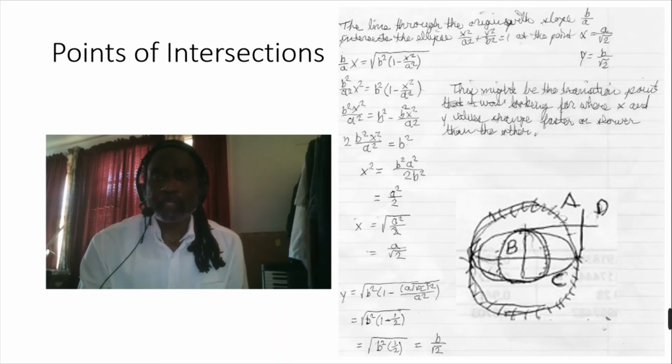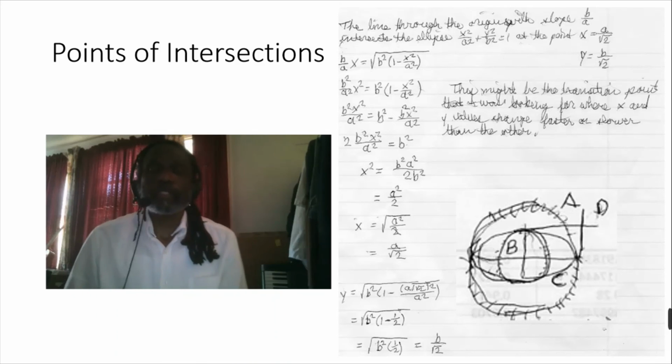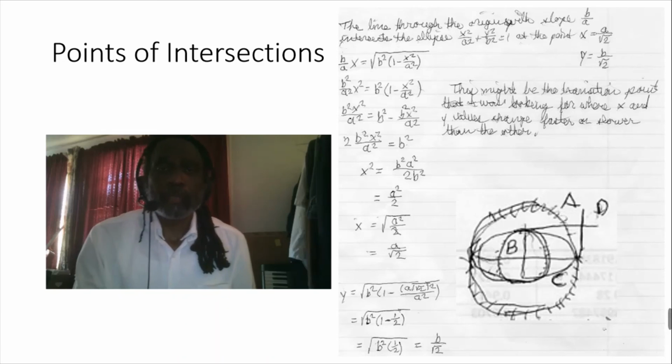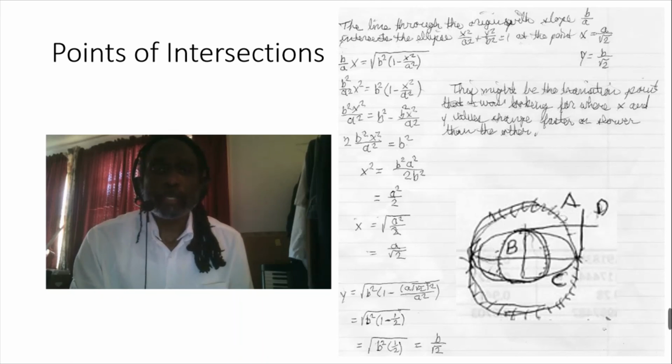So the last thing that I did on this set of notes was to list some work that I had done with the line through the origin that had the slope b over a, and I found where that line would intersect the ellipse, x squared over a squared plus y squared over b squared equals 1.